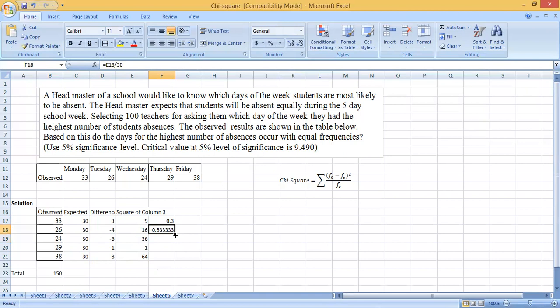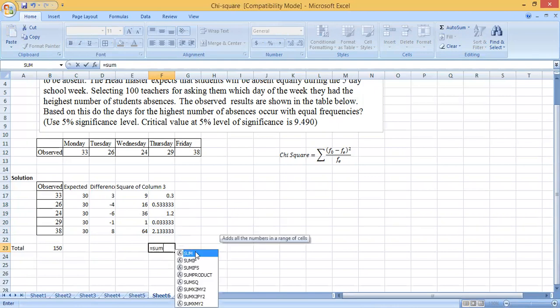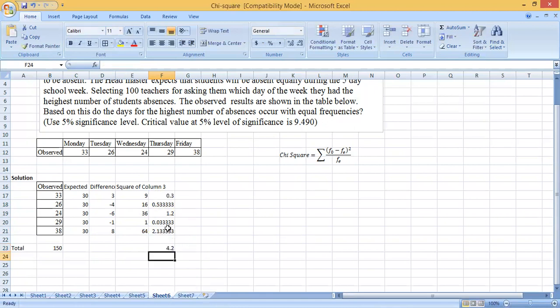And now if you double click or drag it, then you get the values. Now, what is the total? Get the total, because you have to find the sum. The total is the sum, okay, 4.2. Okay, chi-square is 4.2.